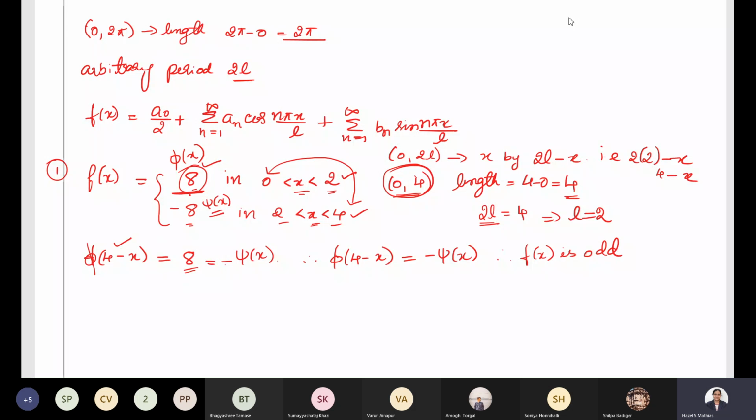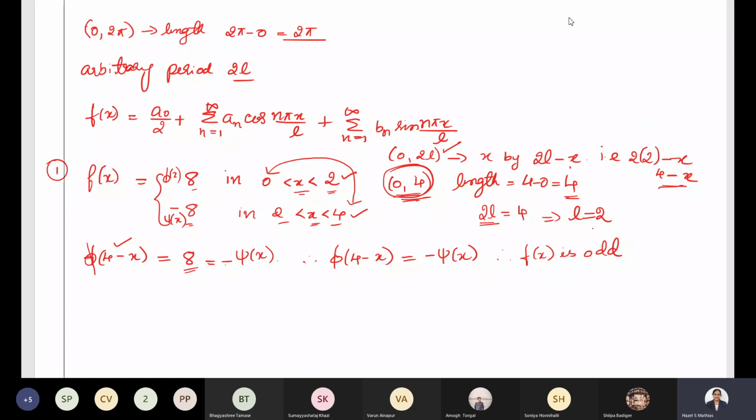I would like to repeat this once again. When you have a discontinuous function, checking the odd and even nature varies. Take the first term as phi of x, take the second term as xi of x. Look at the interval. It's of the form 0, 2l. If it is of the form 0, 2l, you need to replace x by 2l minus x, where l is 2. So 2 into 2, 4, 4 minus x.